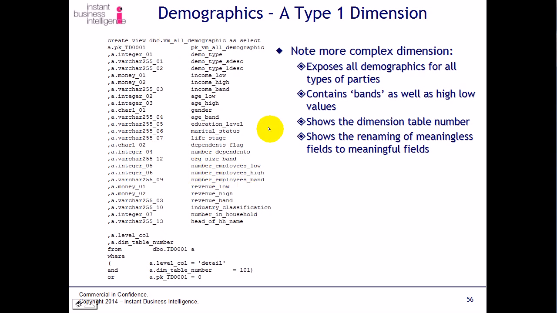Because this is all demographics, and this is for people, organizations, and households. The important thing to remember here is dim table number gets a dimension table number. And so many dimension tables live in TD0001, but only one of them has got the value of 101, and that's the all demographics table.